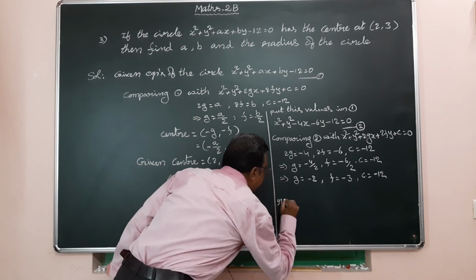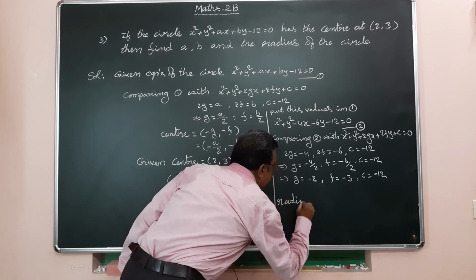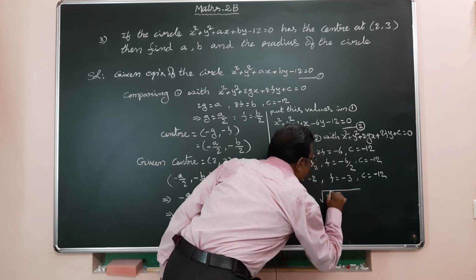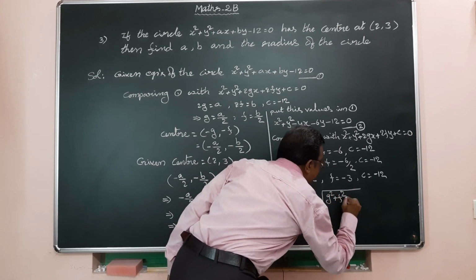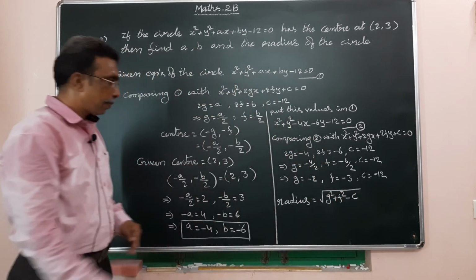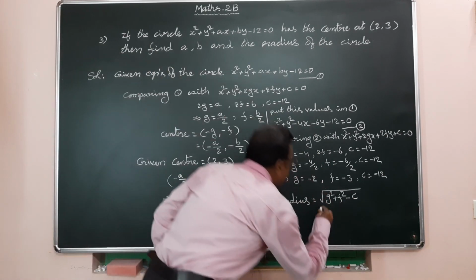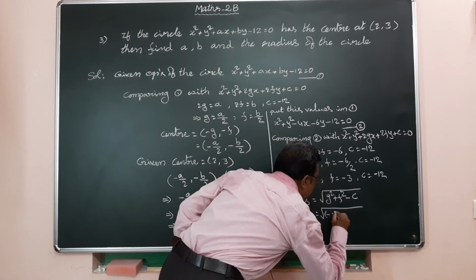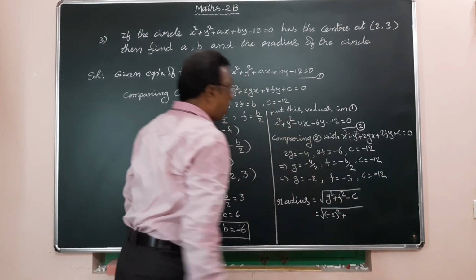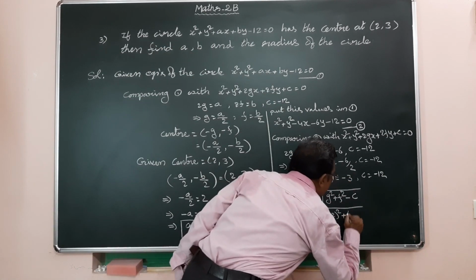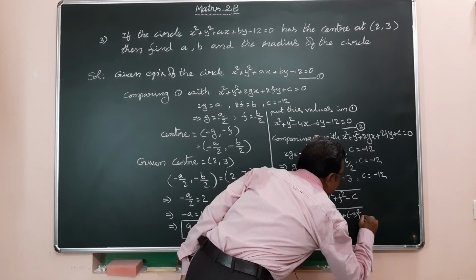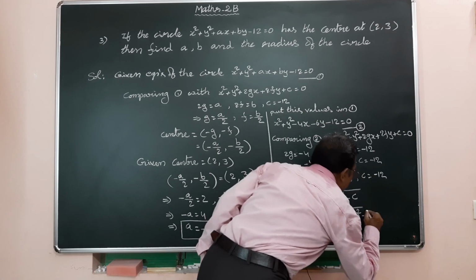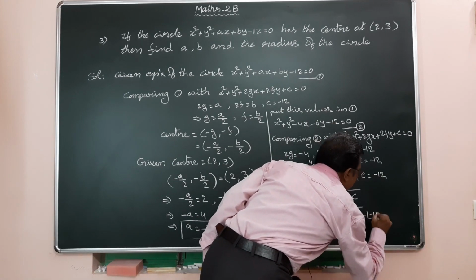Radius equal to square root of g square plus f square minus c. The g value is minus 2, so square root of (minus 2) whole square plus f, which is minus 3, (minus 3) whole square minus c, the c value is minus 12.